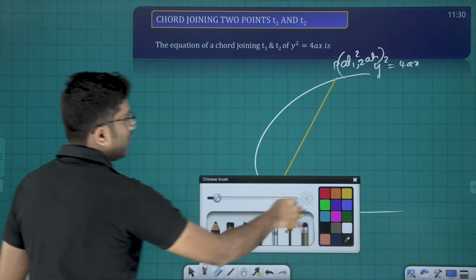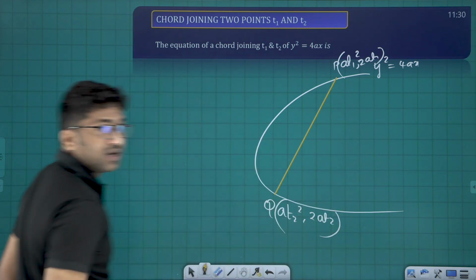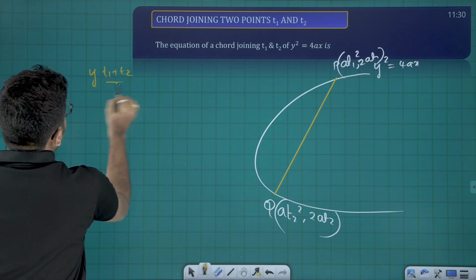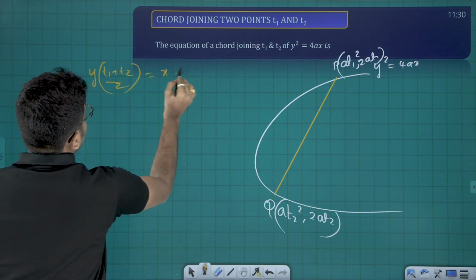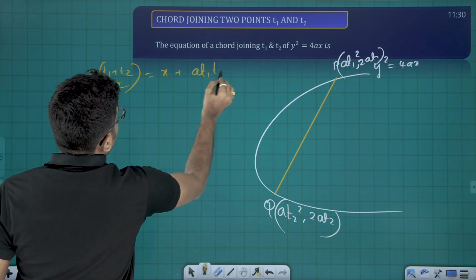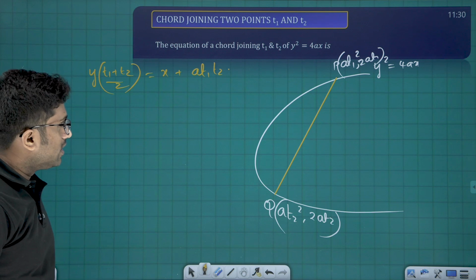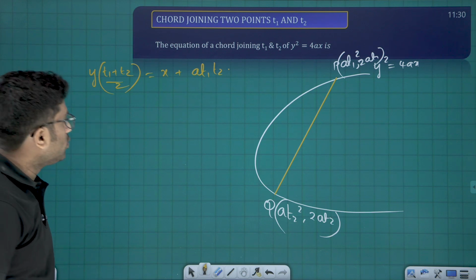So if you know 2 points, friends, then we can get the equation of the line, and that line is y times (t1 plus t2) by 2 equals x plus a times t1 into t2. This is the equation of the chord joining the 2 points P(t1) and Q(t2).